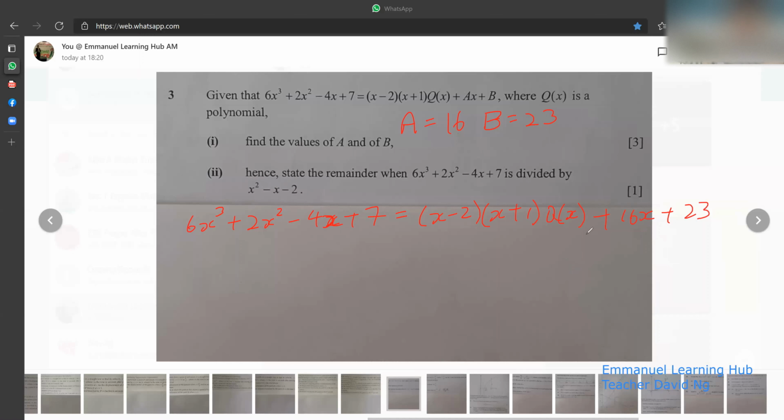Then, because you found your a and your b, they ask you, hence, state the remainder when this, 6x cubed plus 2x squared minus 4x plus 7, is divided by this, (x minus 2)(x plus 1). If you were to expand, you will get x squared minus x minus 2.